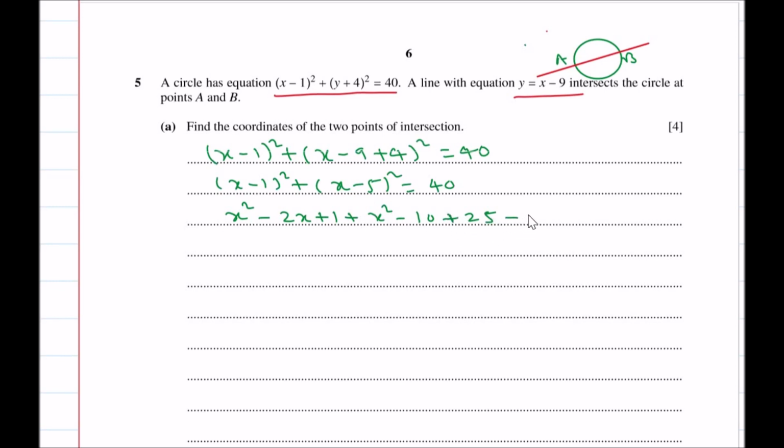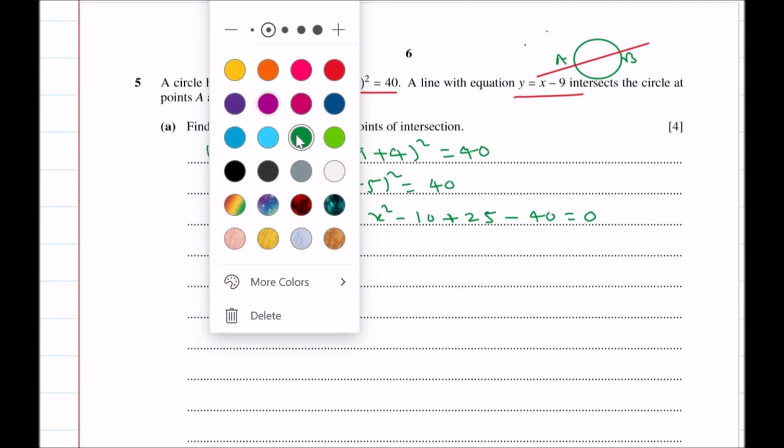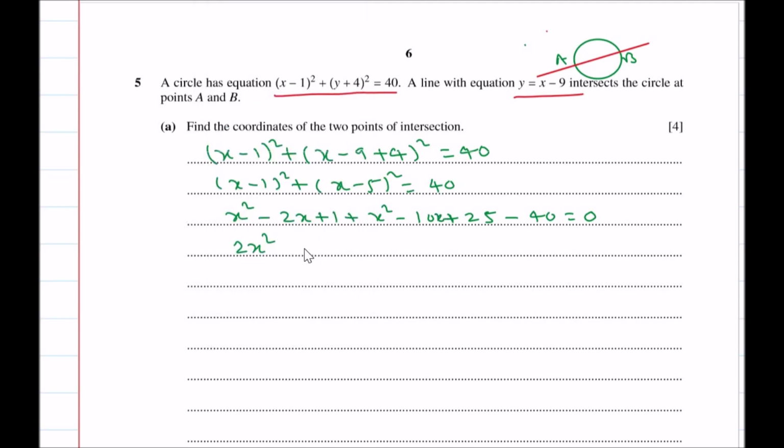So we write here minus 40 equal to 0. Now let us combine the like terms. So we get x square plus x square, 2x square, right? Minus 2x, and I wrote here only x. Let me correct it. It is minus 10x. So minus 12x.